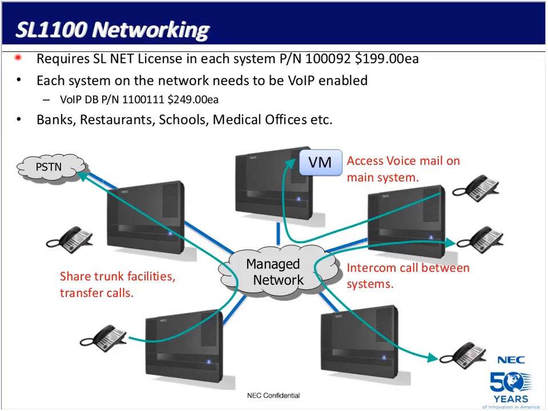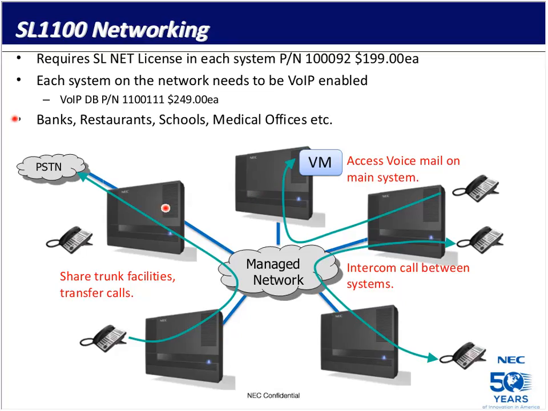Then it requires the SLNet license in each system. There's the part number for it, and that part number is a misprint. It's 1100.092, and your dealer price is $199 for the SLNet license. That license tells each of these systems that they're going to be in a network.